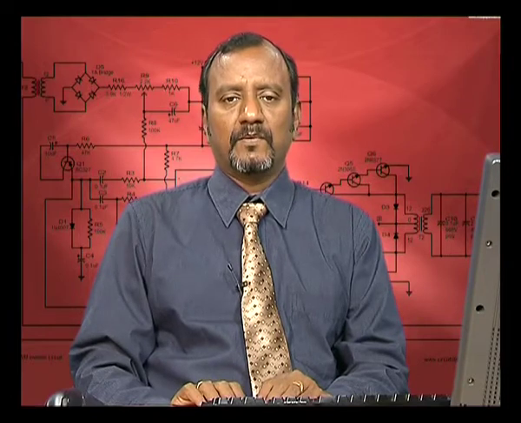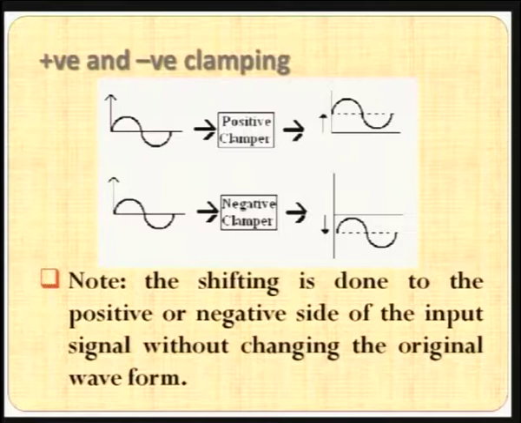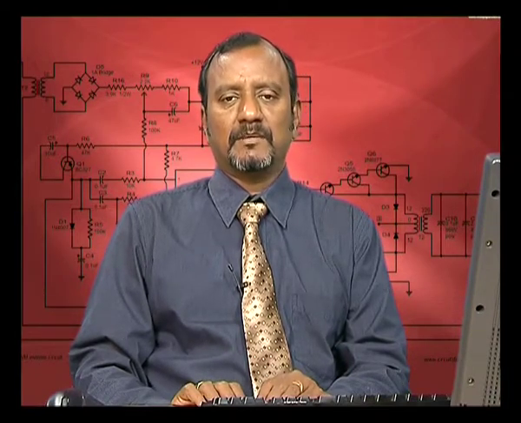In the earlier lecture, I mentioned that for the clipping operation, we use a resistance and a diode connected in the forward or reverse biased condition, and we could get the clipping operation that we have seen. But in clamping, we need the charging and discharging property of a capacitor.